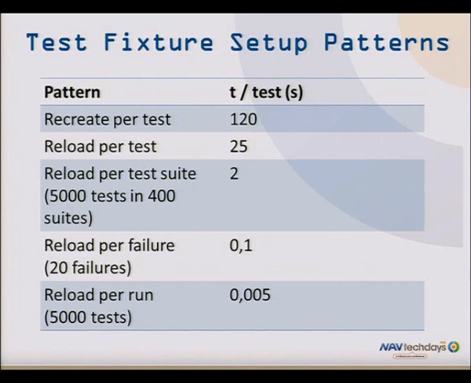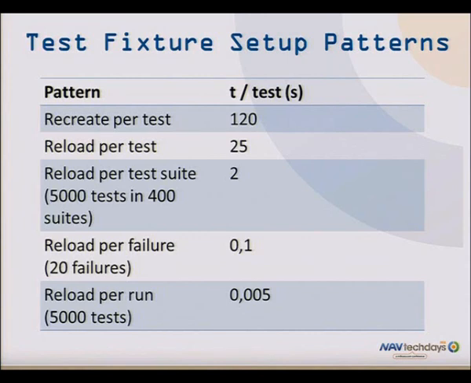So we had a restore time of 2 minutes in between each test. Then we had an approach based on this backup system, where we could create a backup and then restore that. That was faster. It took 25 seconds for each test. But still, it's way too slow to have a very quick cycle of testing, adding code, testing.